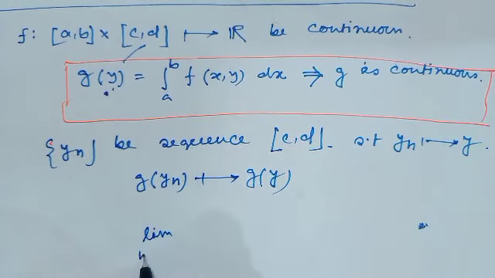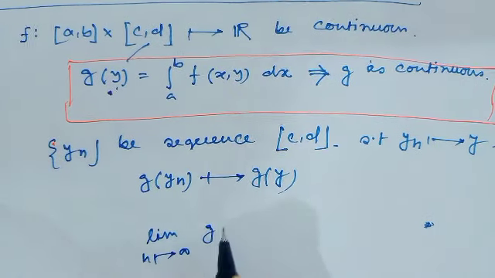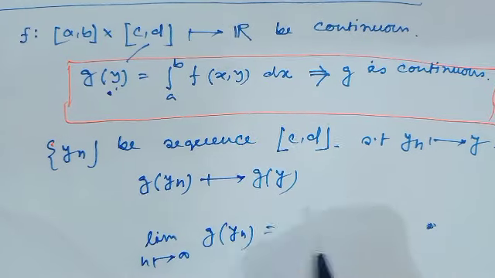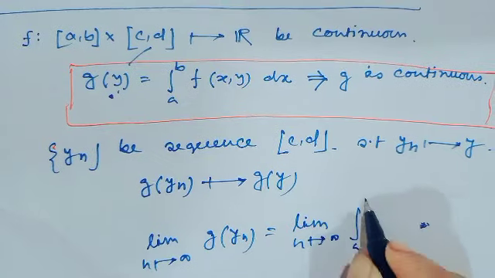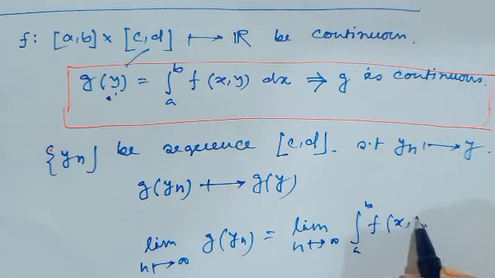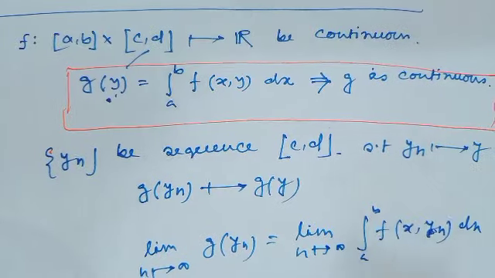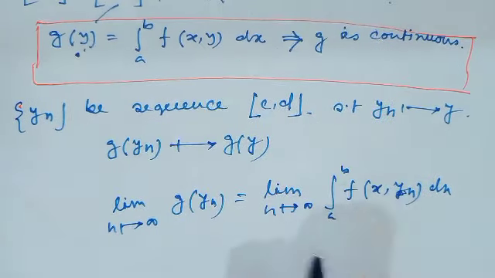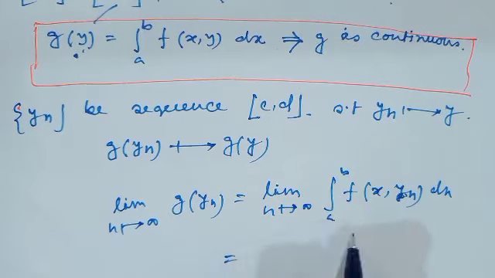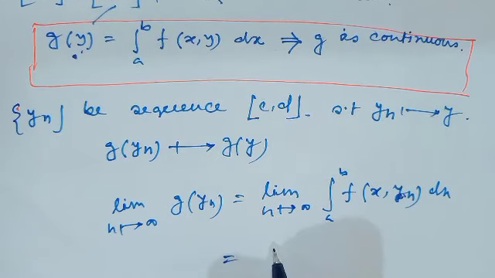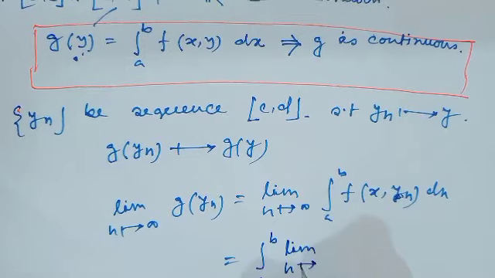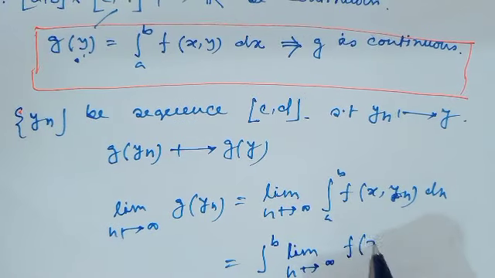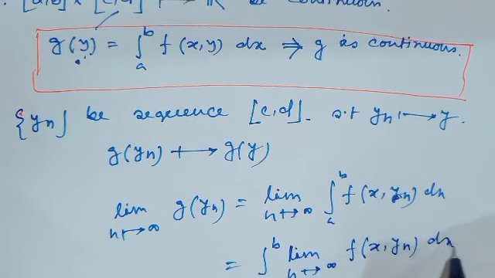Limit as n tends to infinity of g(y_n) means limit as n tends to infinity of the integral from a to b of f(x, y_n) dx. And all of us know limit and integration can always be interchanged. That means this is equal to the integral from a to b of limit as n tends to infinity of f(x, y_n) dx.